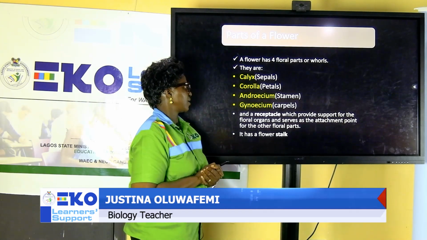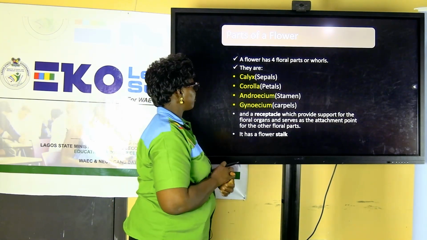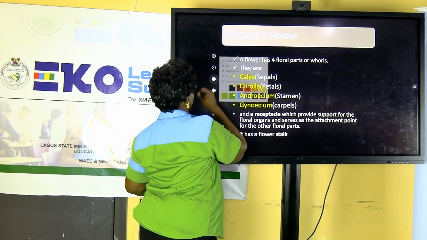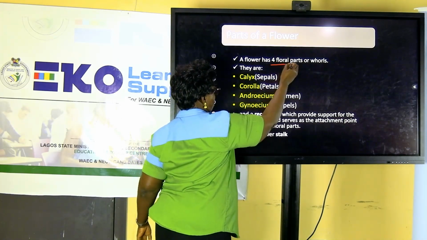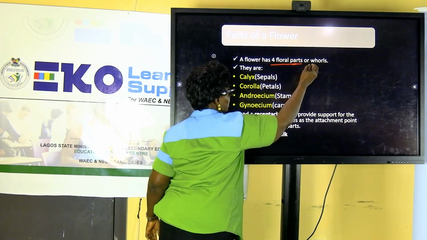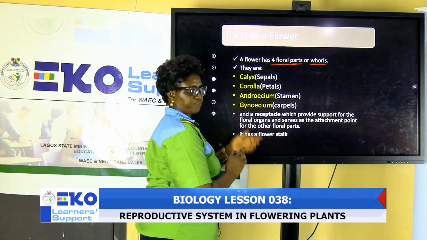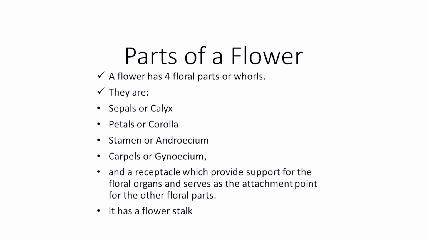A flower is basically considered to have 4 floral parts. How many parts? 4 floral parts, or you call them whorls. These 4 include the following. The first is the calyx, which we sometimes refer to as sepals.